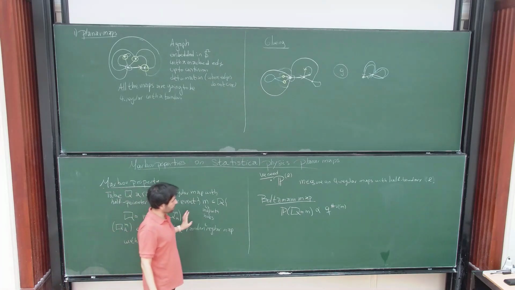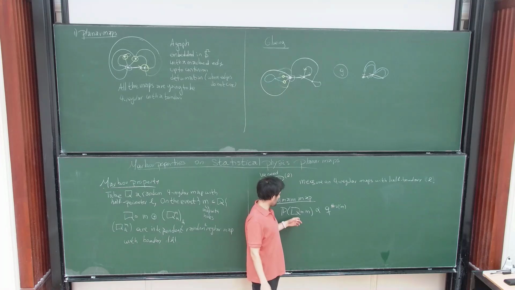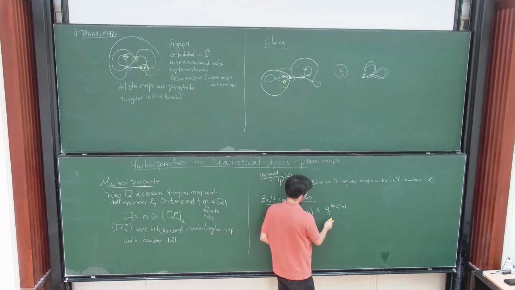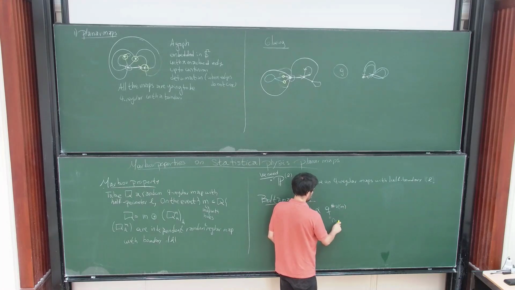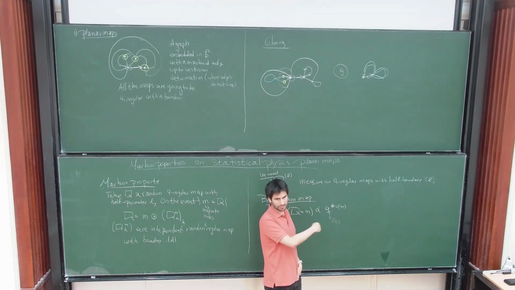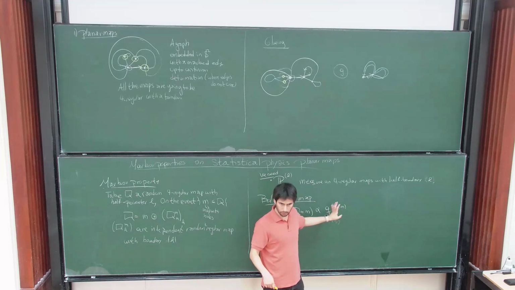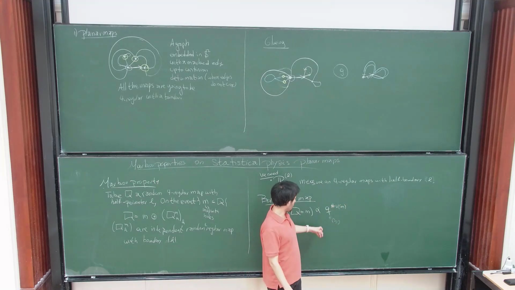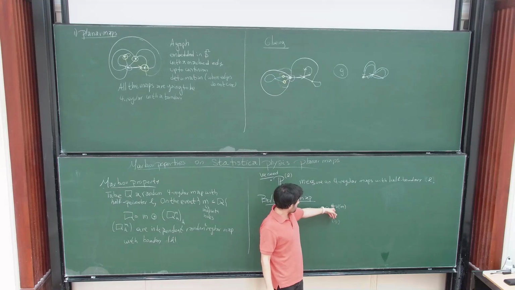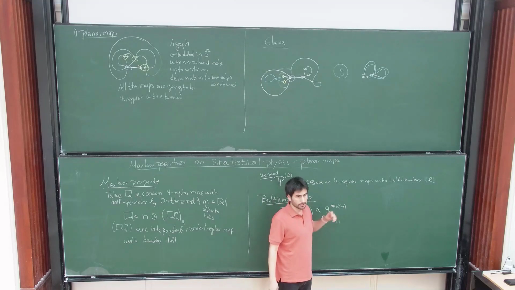So a Boltzmann map would just be such that the probability of a given map is proportional to a certain parameter q, which belongs to (0, 1), but in fact has to be much smaller than 1 for this to be a well-defined object, times q to the amount of vertices that I have.